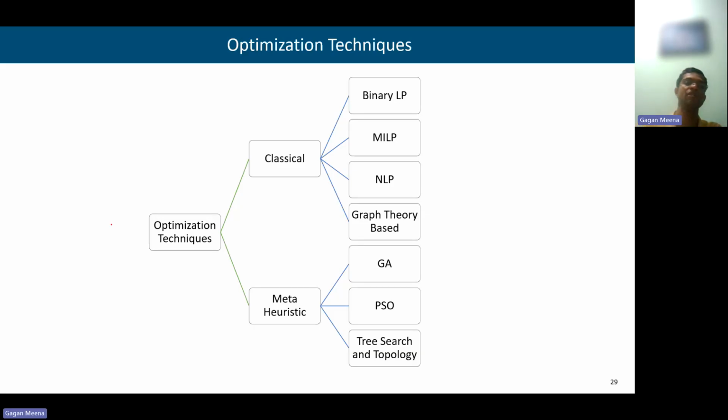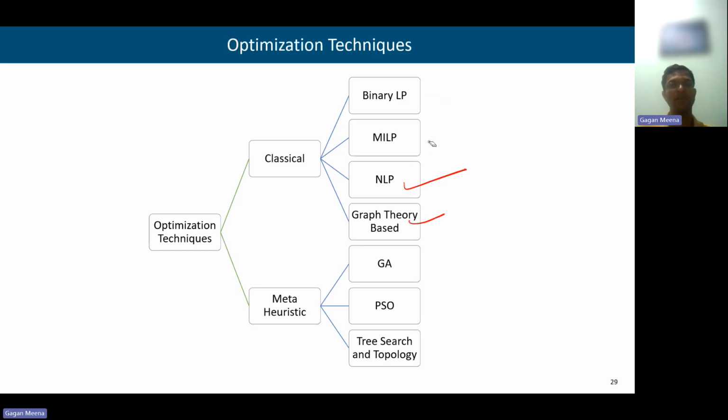Here you can see these are the optimization techniques. One is the classical optimization technique. Here we have binary linear programs, then mixed integer linear programs, non-linear programs, graph theory based.